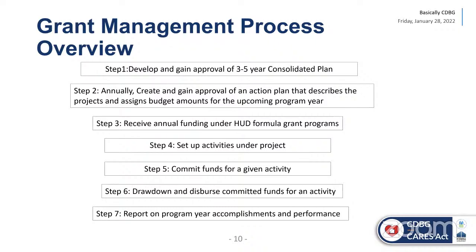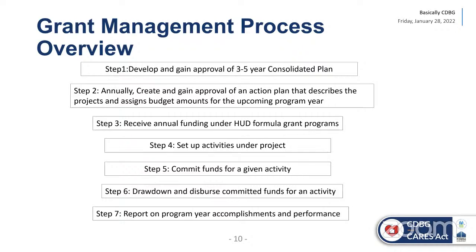After the grant agreement is signed, the allocation is obligated in IDIS, and they will start to set up activities under the project. The project is submitted through the action plan, and the action plan is approved by the HUD field office.